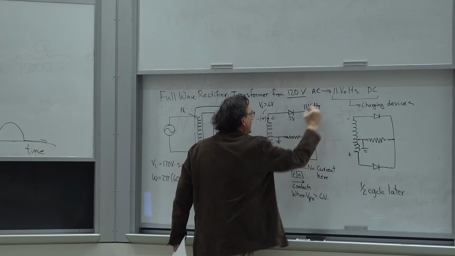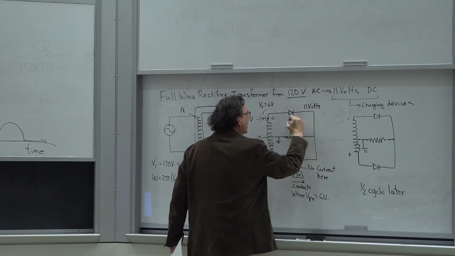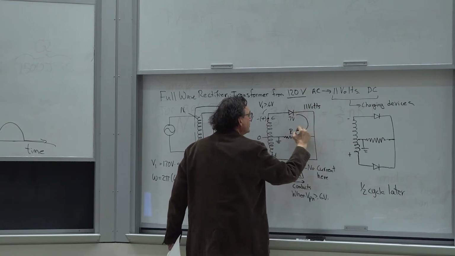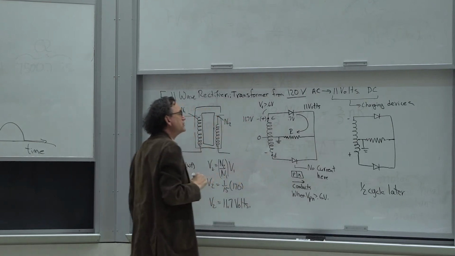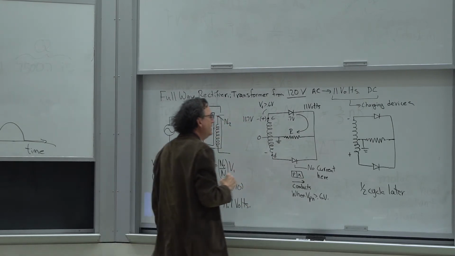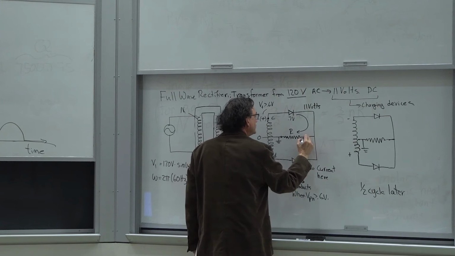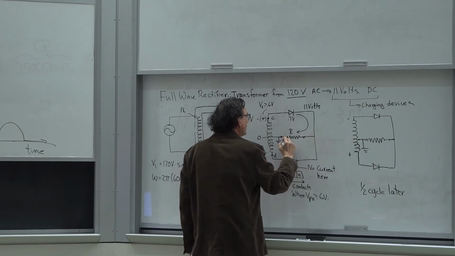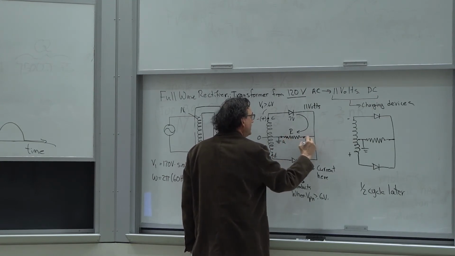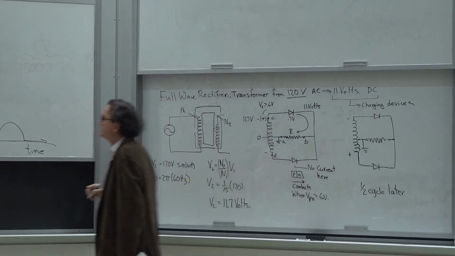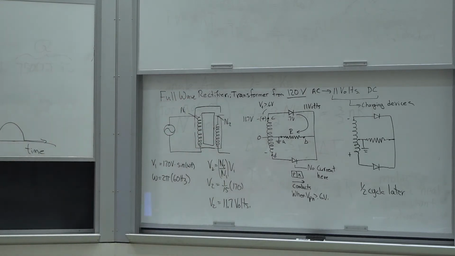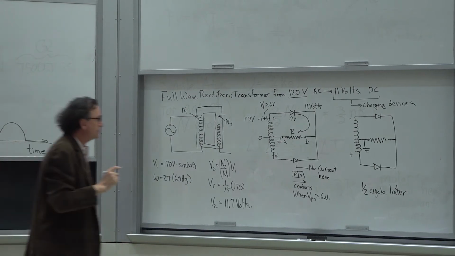And it goes through a resistance R to ground, right? So I can calculate my voltage, which I'm going to call VAB, the voltage across the resistor.